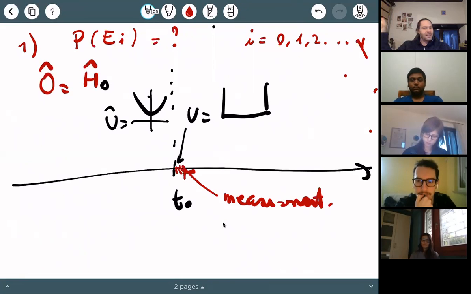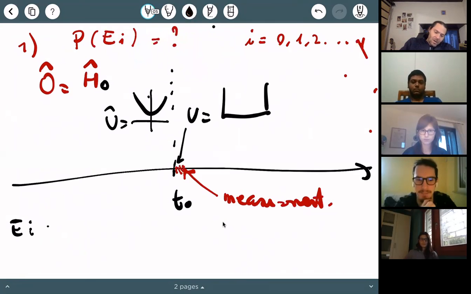But for the sake of the exercise, it is immediately after. So now I make a measurement. The measurement will resolve what eigenstates? The eigenstates of the Hamiltonian, but now the Hamiltonian of what? Of the box, because I changed my potential. So the possible energies will be the eigenvalues of the H0 Hamiltonian.